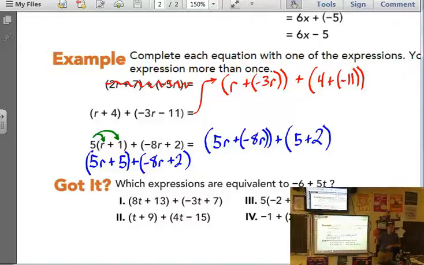Associative, to regroup them. Now we don't actually have to regroup them, it just makes things nice. So I've moved and regrouped, so my variables are together, my constants are together. I distributed, then moved and regrouped. Any questions with how I've gotten to this point in red or this point in blue? We're not done. That's just my first step.